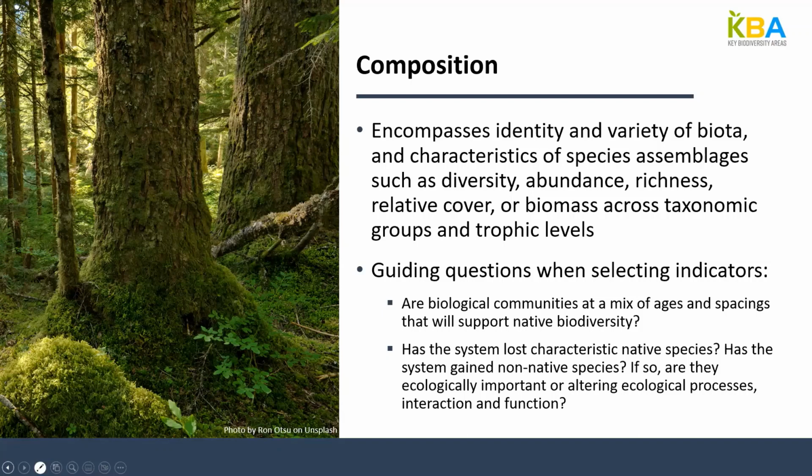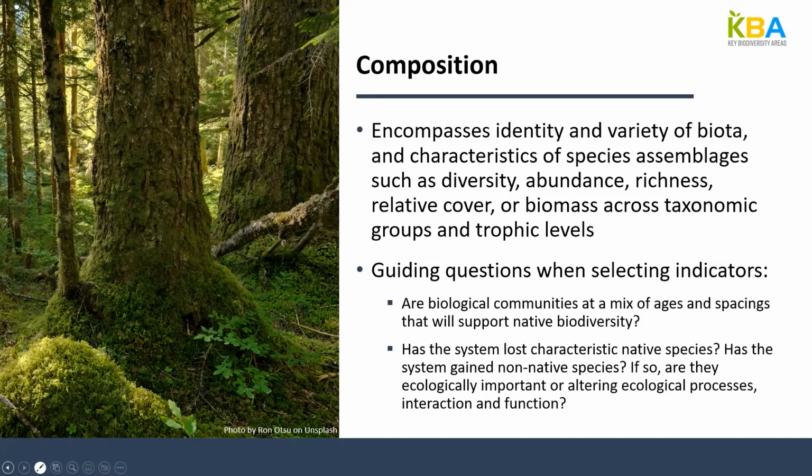You can also assess species richness, relative abundance or cover, diversity, biomass across taxonomic groups, and trophic levels, as mentioned on the slide. Some key points that you may want to consider could be whether the biological communities are made up of a mixture of different ages and spacing that supports the natural native biodiversity, and whether any key native species have been lost from the system, or whether the system has instead gained some non-native species.